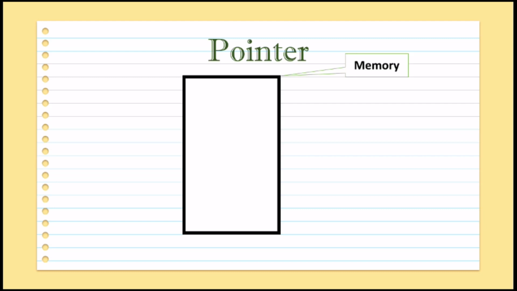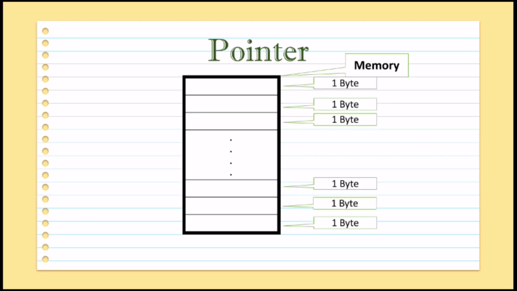Again, this memory is divided into number of cells called memory locations. As shown in the figure, memory contains number of memory locations. Each memory location can hold only 1 byte of data. That is, each cell holds 1 byte of data.